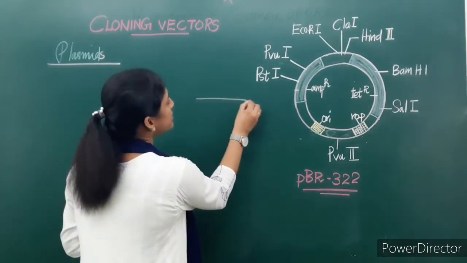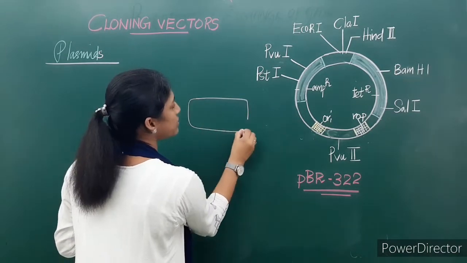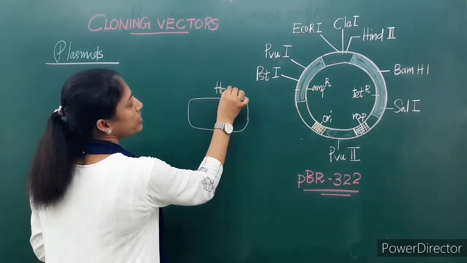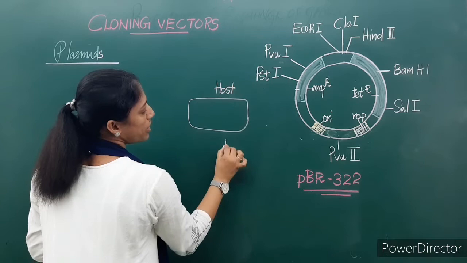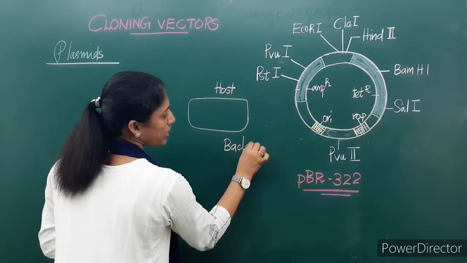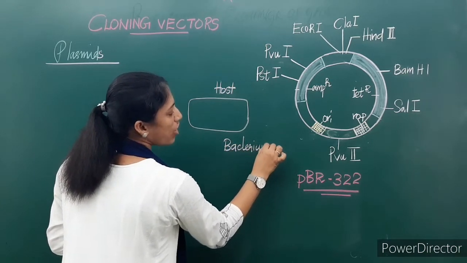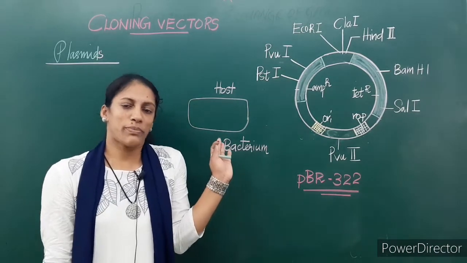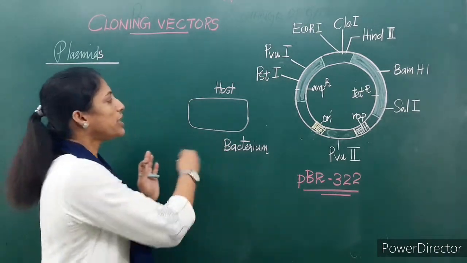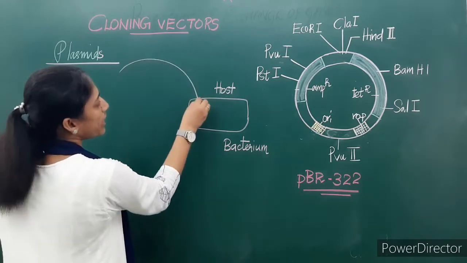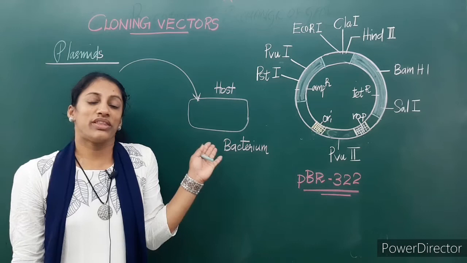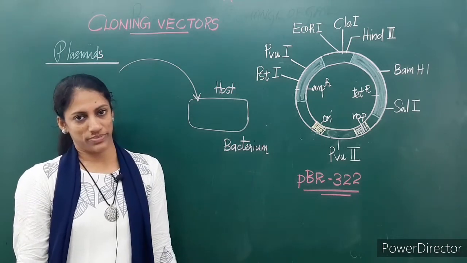Because plasmids are already present in the bacterial cell. The most commonly used host is what? Bacterium. These plasmids are already present in the bacterium cell, so it is easy to deliver a plasmid into the host bacterium without any other disturbances.